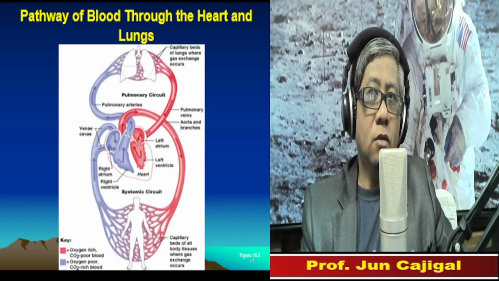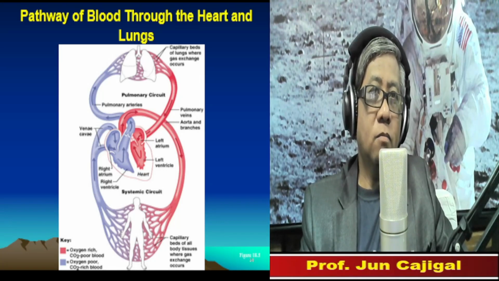The cells will use the oxygen, and carbon dioxide is released as a result of metabolism. This deoxygenated blood again goes to the veins back to the heart via the inferior and superior vena cava. So that completes the so-called systemic circulation.